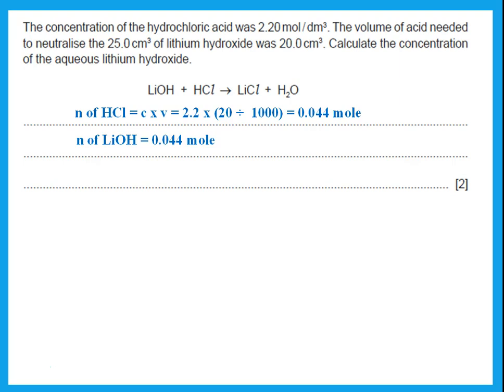So if I have a certain number of moles of HCl, it is the same number of moles of lithium hydroxide. Now, what is he asking for? Concentration. Concentration is number of moles over volume. You have to remember the three equations that we talked about. The volume has to be divided by 1000 before I put it into the equation. So this is my concentration of lithium hydroxide.